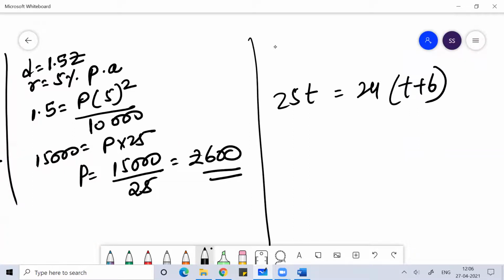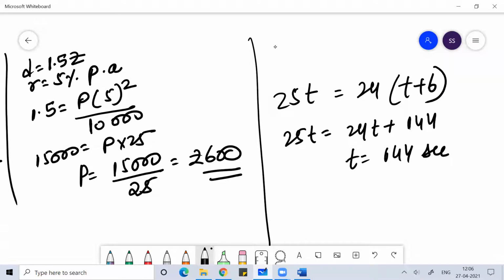The objective is that both of them should cover the same distance, reaching the finishing line at the same time. So you just need to solve it. The value of T is equal to 144 seconds. So what is the length of the racing track?